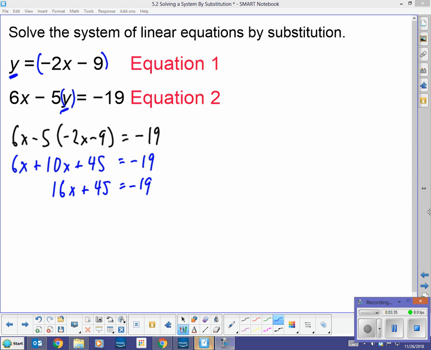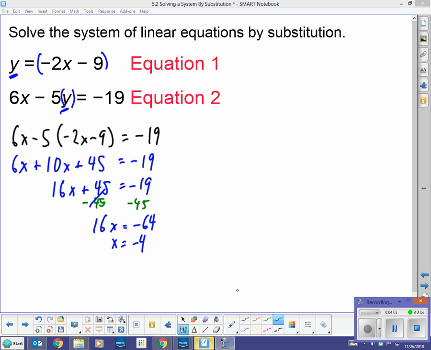And then I'll subtract 45 from both sides, leaving me 16x equals negative 64. Oh, that's easy then. Because dividing both sides by 16, x will equal negative 4.